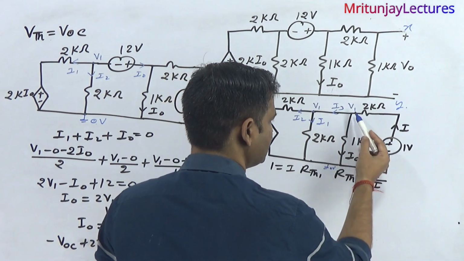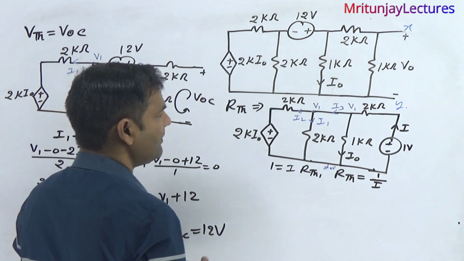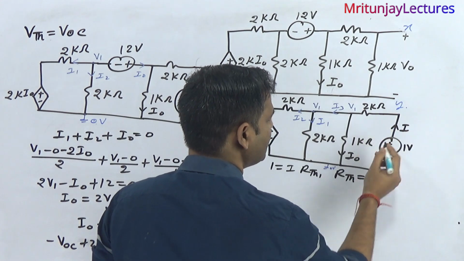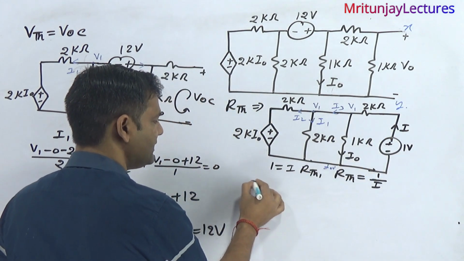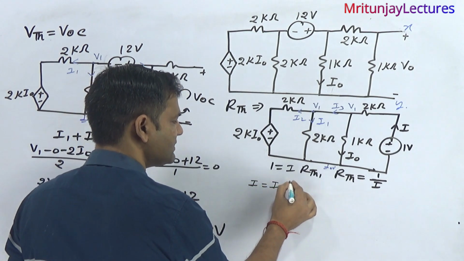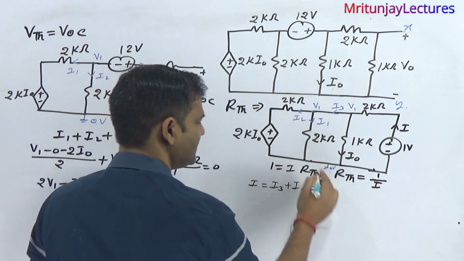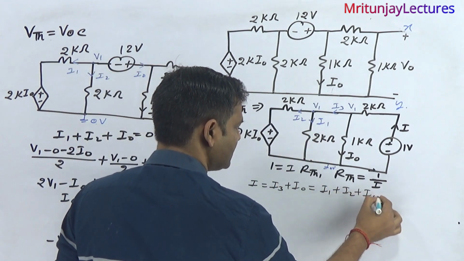First apply KCL at that node. We get incoming current I and outgoing current I3 plus I0. So I is written as I3 plus I0, and I3 is also written as I1 plus I2. So I is I1 plus I2 plus I0.